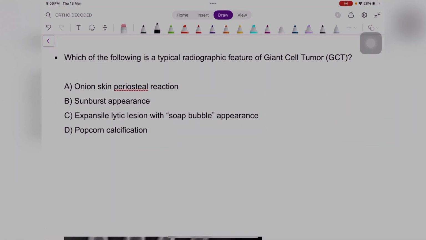So the next question, you read the question once. Which of the following is a typical radiographic feature of GCT? Here they are talking about the radiographic feature. So what are the radiographic features?